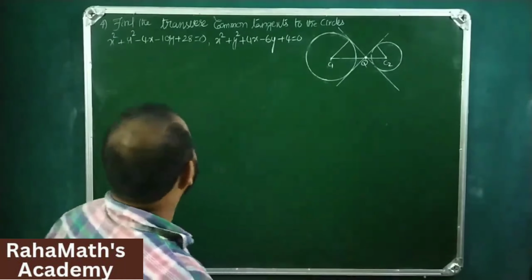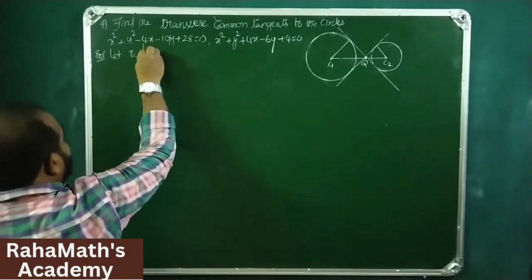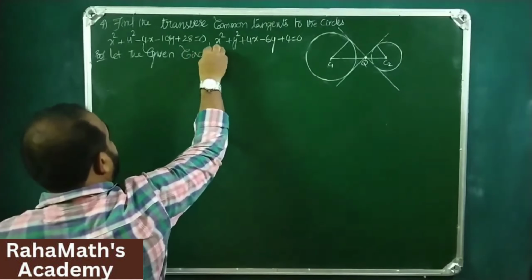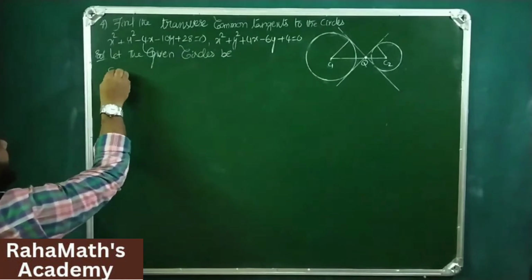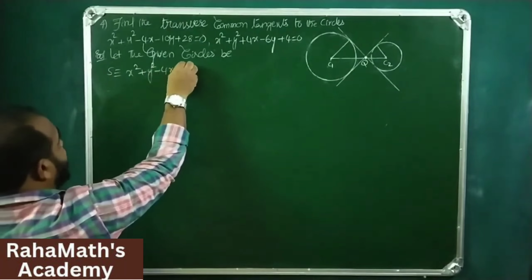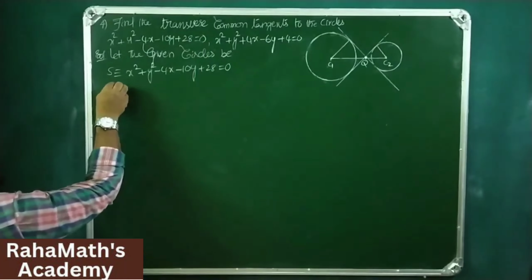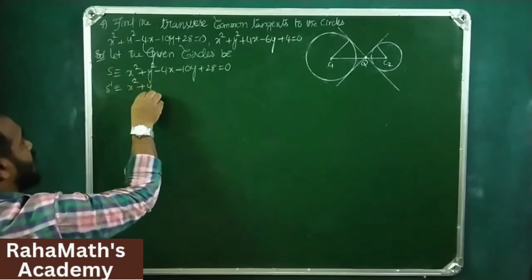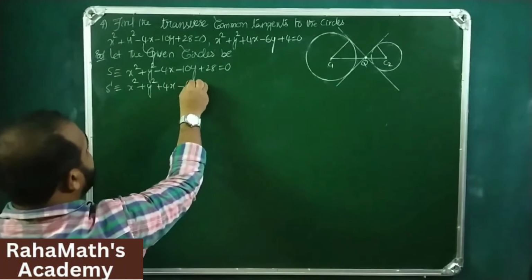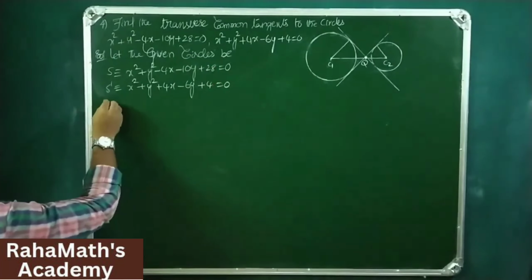Okay. So, solution: let the given circles be S: x square plus y square minus 4x minus 10y plus 28 equals 0, and S dash: x square plus y square plus 4x minus 6y plus 4 equals 0.